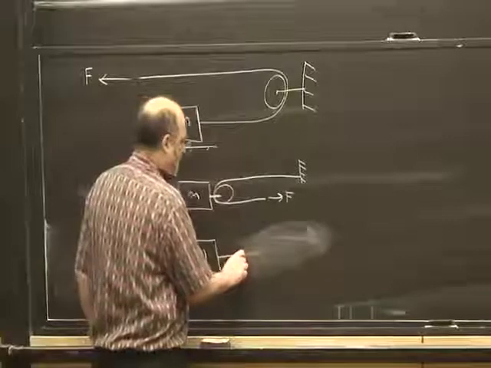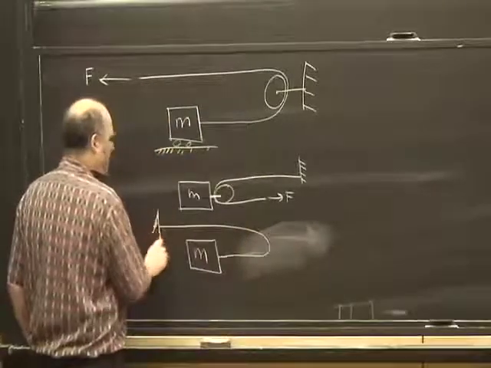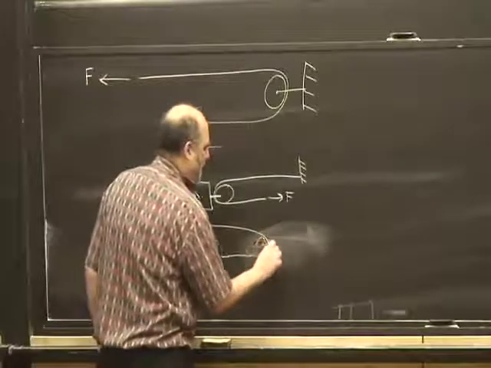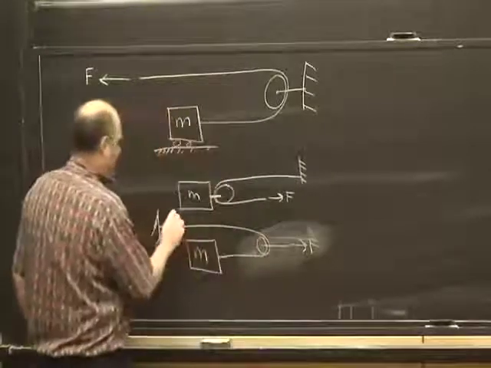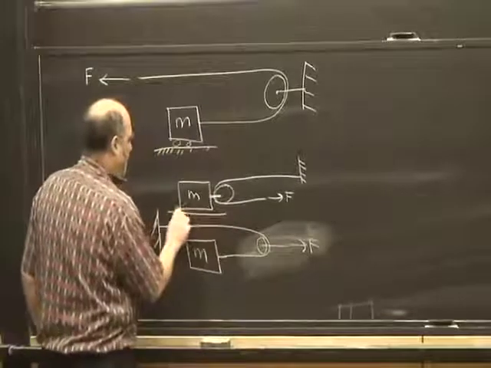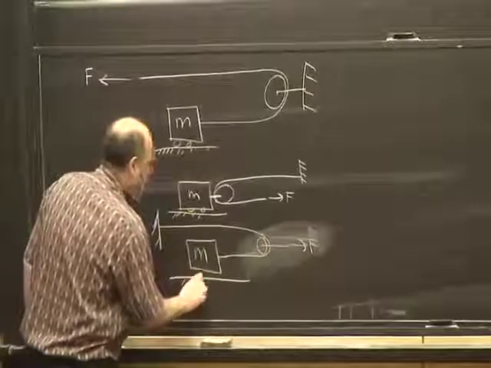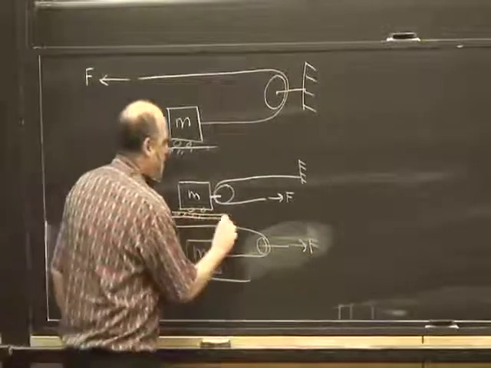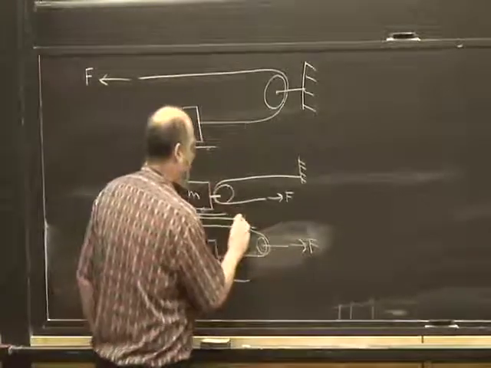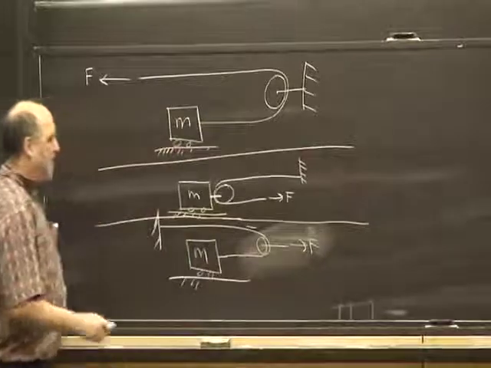I intended to wrap this around to here. Wrap this to a wall like this, put a pulley over here like this, and apply a force here like this. So I can put this one on the ground with wheels, and this one on the ground with wheels, and I have these three ways of pulling things with a pulley.